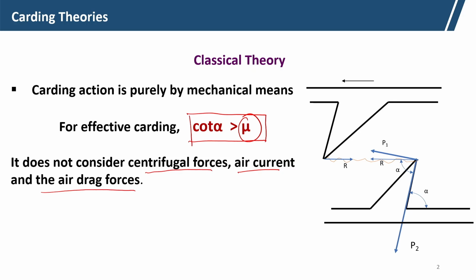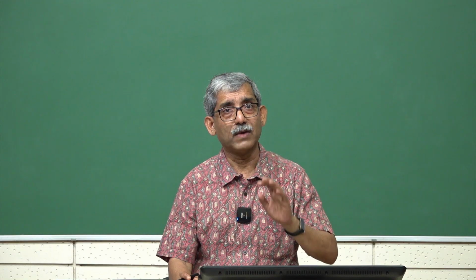But in addition to this, during carding, due to the rotational motion, centrifugal force acts on the fiber, which tries to throw the fiber out from the surface, and air current, air drag is also there, air vortex created. So, this all also affects the carding action.